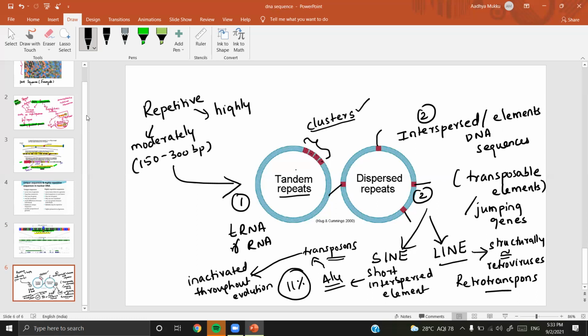These are DNA elements which propagate through RNA-mediated transposition. Have you got it, children? How is it done? DNA is copied into RNA, and the RNA is reverse transcribed back to DNA. So that is the retrotransposons. Those are only the long interspersed elements.